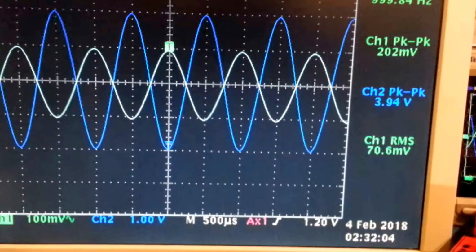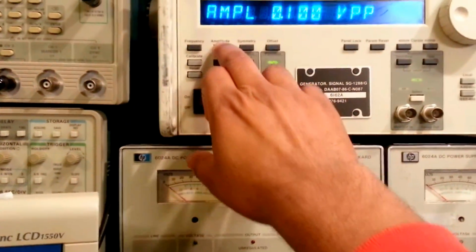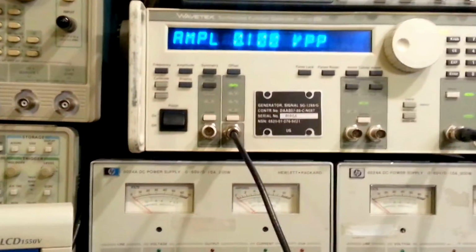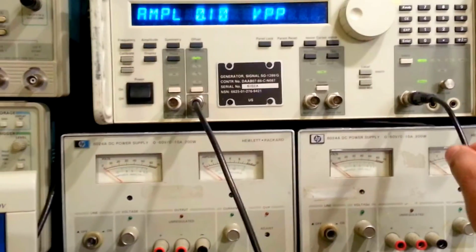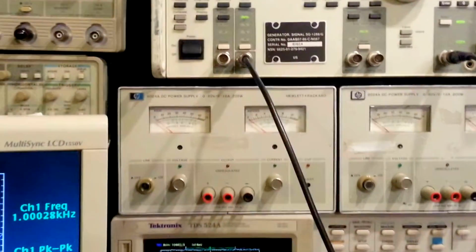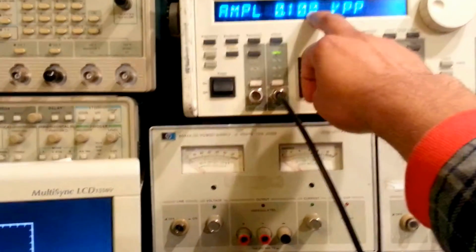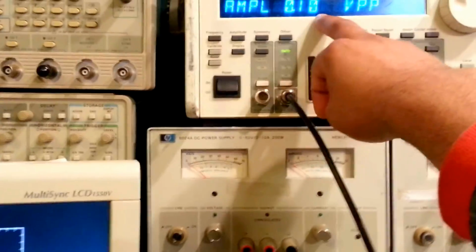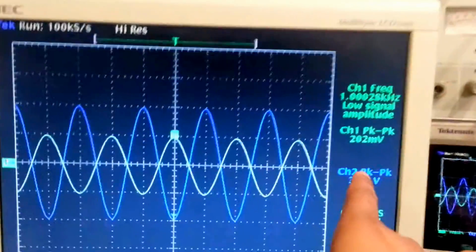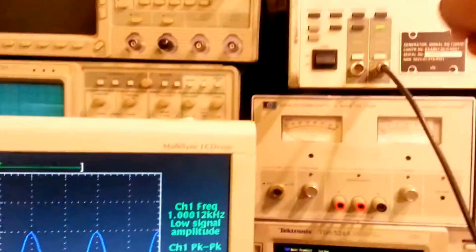I'm injecting again 1 kilohertz at 0.1 volts peak to peak, but because this has a 50 ohm output impedance, the voltage that we read at the base will be double that. If we attached 50 ohms at the output to ground, we would have read exactly 0.1, but right now we're inputting 202, so double.